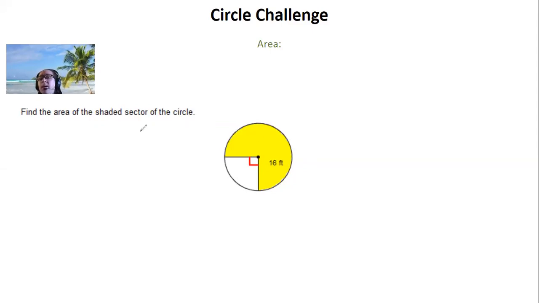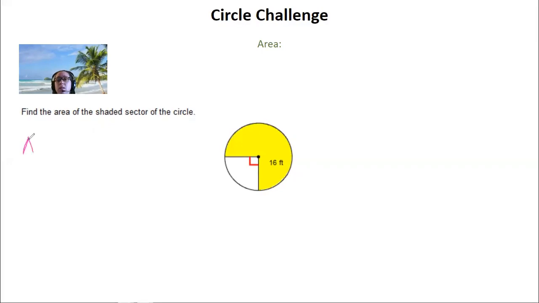So what's my area of a circle formula again? Yeah, pi r squared. Very good.